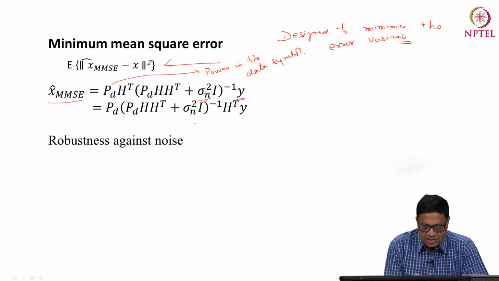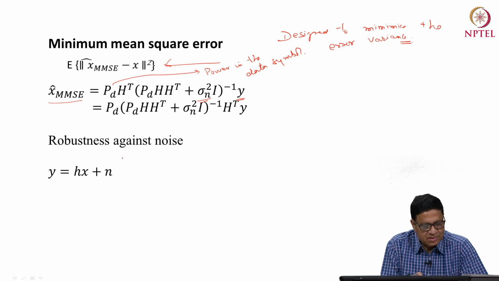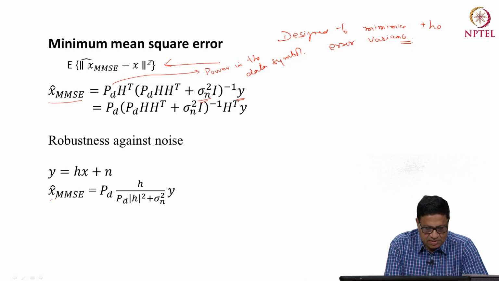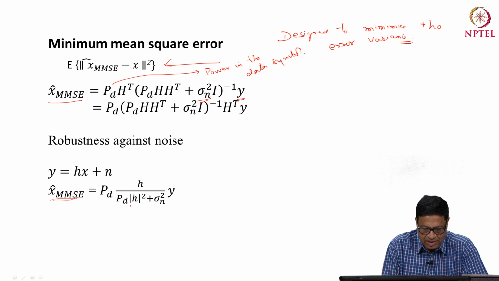So let us understand how it is robust against noise. Y is equal to Hx plus N. This is a simple case of a SISO system.